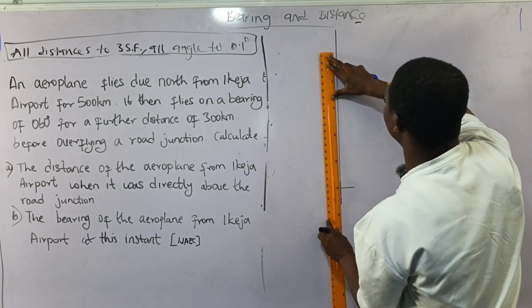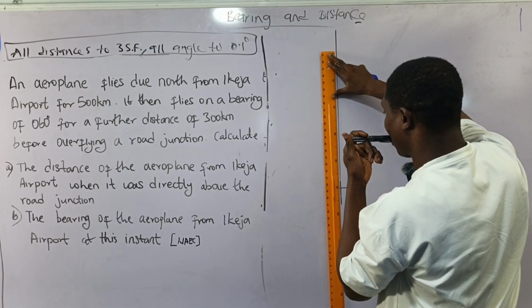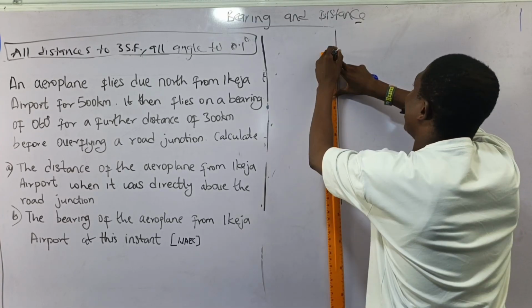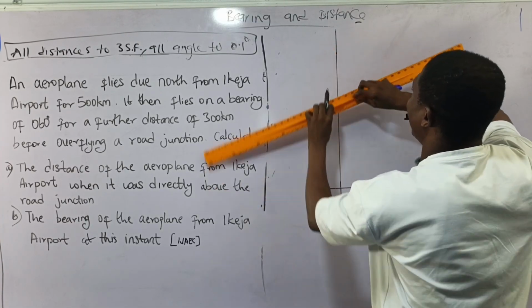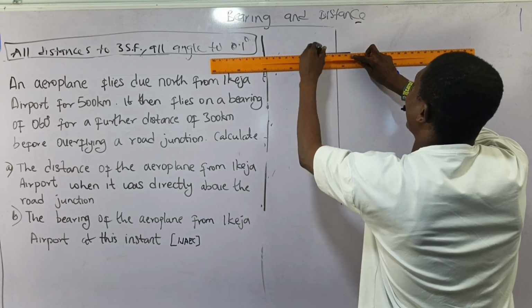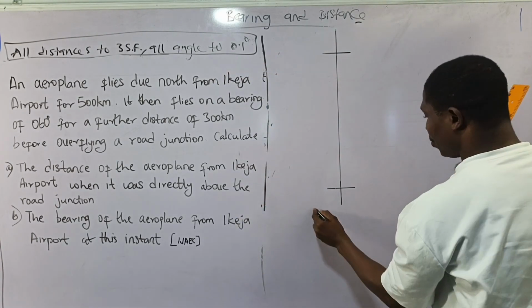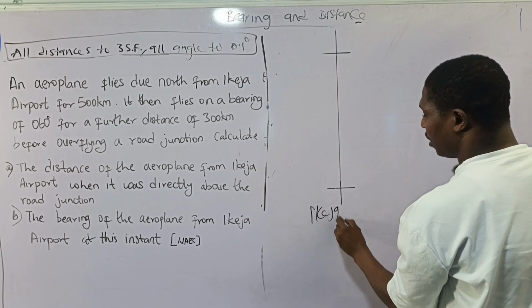So this is my 50. So this is my Ikeja airport. Let me use I.